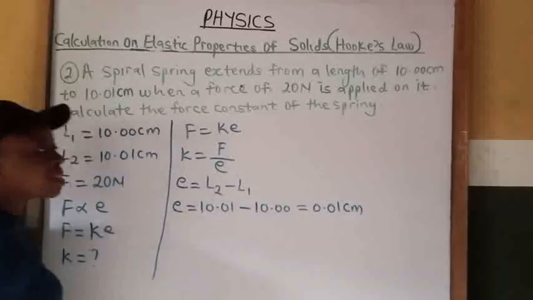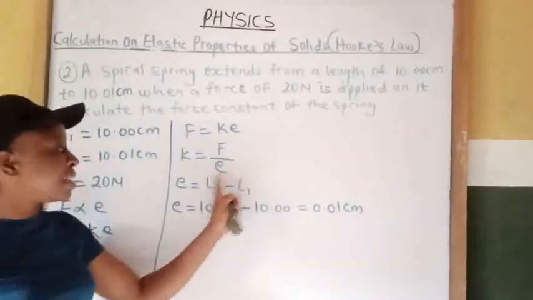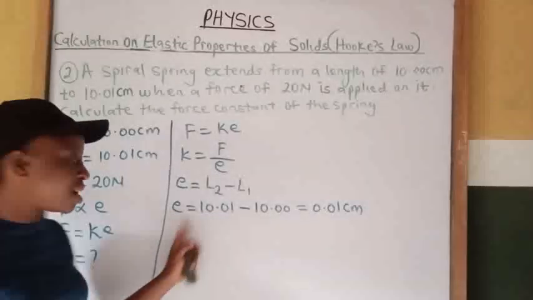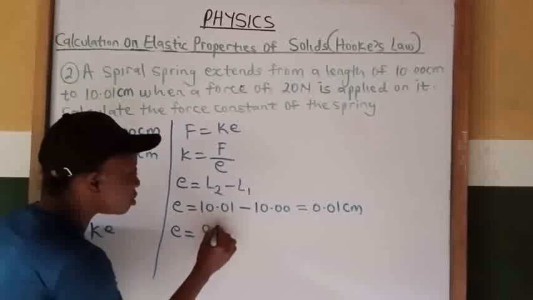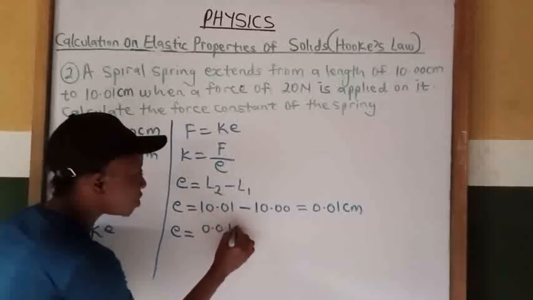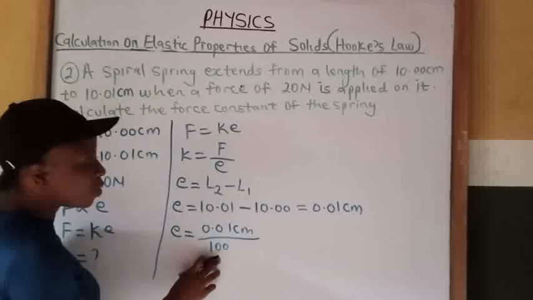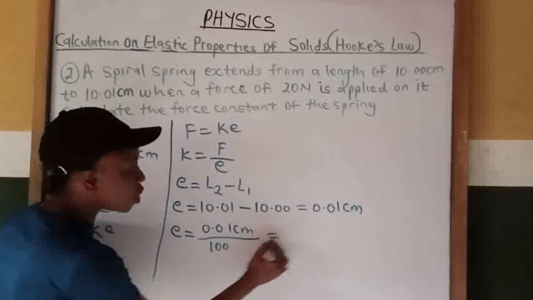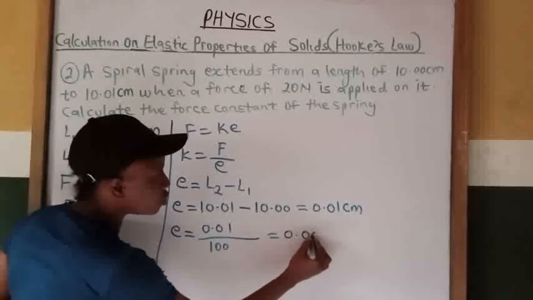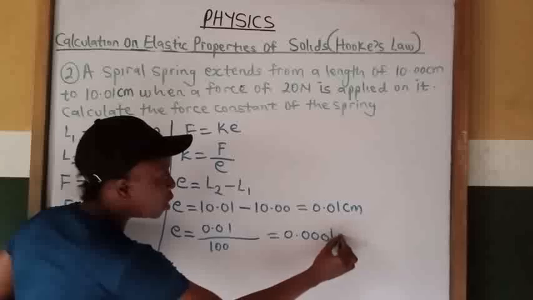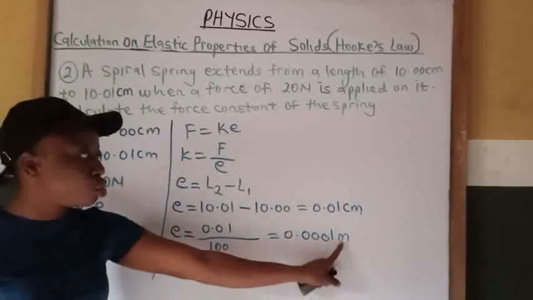We have to convert this 0.01 centimeter to meter because our extension E must be in meter. So E will be equal to 0.01 centimeter divided by 100, which gives us 0.0001 meter.